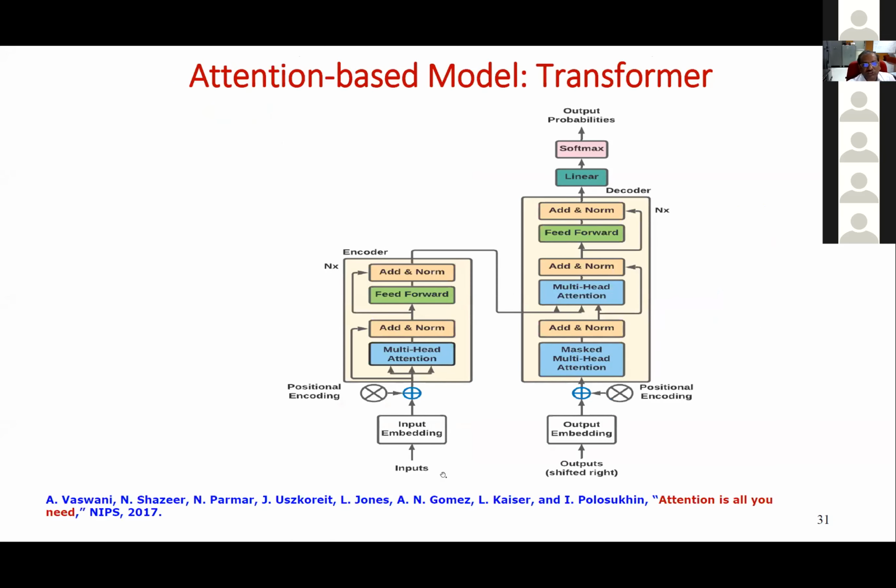So whatever we have discussed so far is what forms the components of this block diagram that I have showed you in the beginning. So this multi-head attention in the encoder module does the self-attention. This masked multi-head attention does the self-attention in the decoder. This is masked because during the testing phase, we have only part of the sequence available as the input.